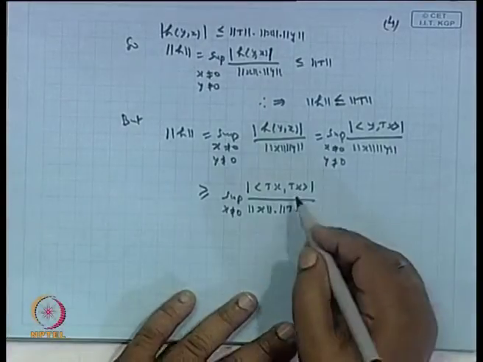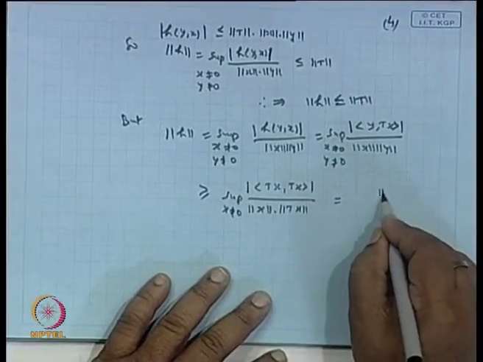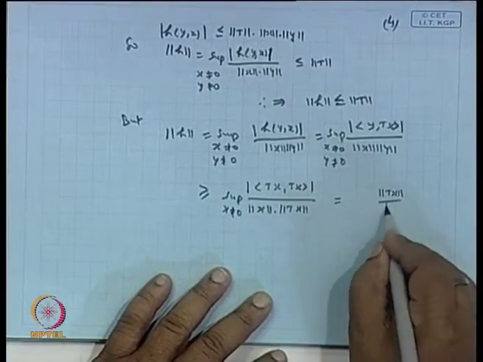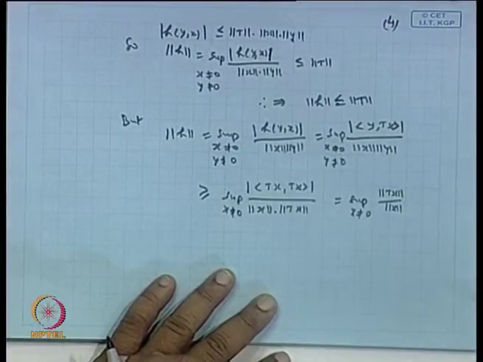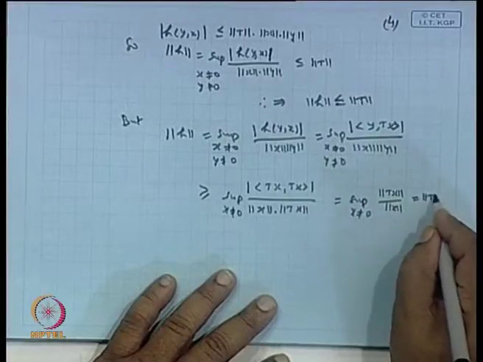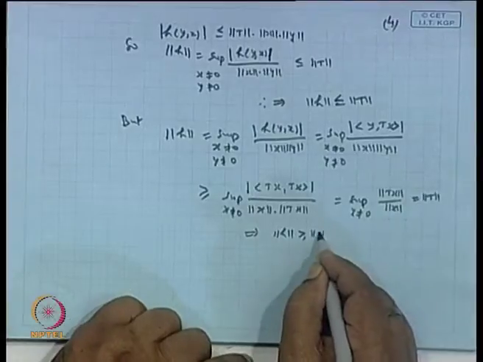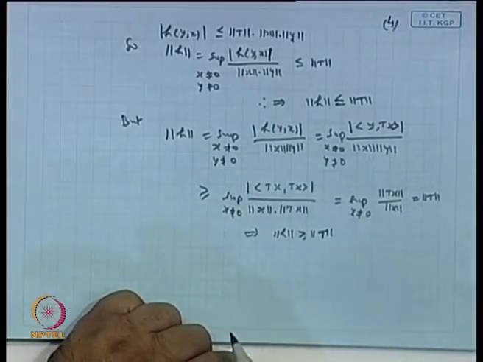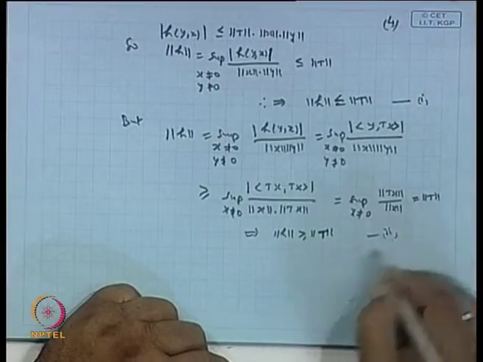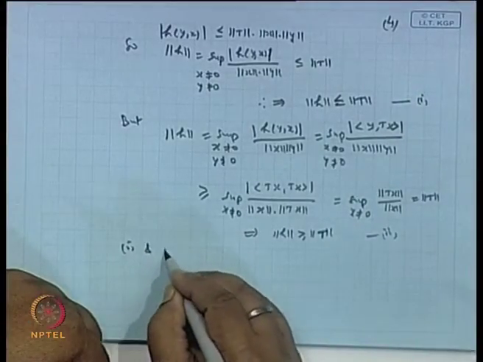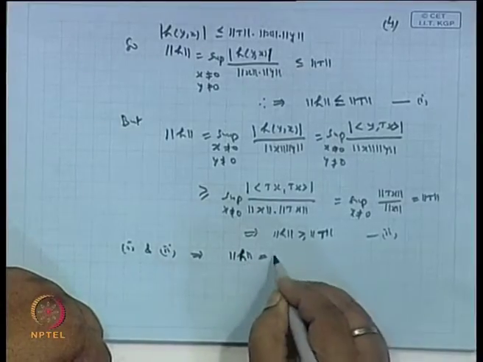So, this gives the norm of Tx divided by norm x, supremum for x not equal to 0, and that is nothing but the norm of T. So, this implies norm of H is greater than or equal to norm of T. Combining this 1 and 2 gives norm of H equal to norm of T.